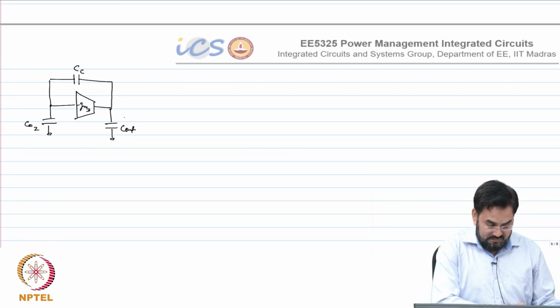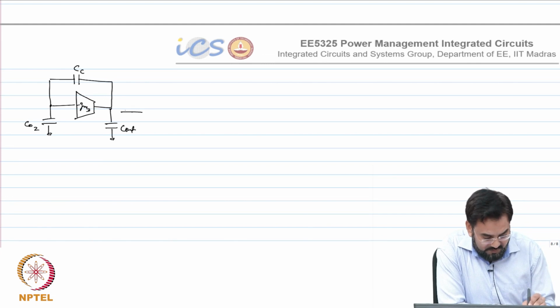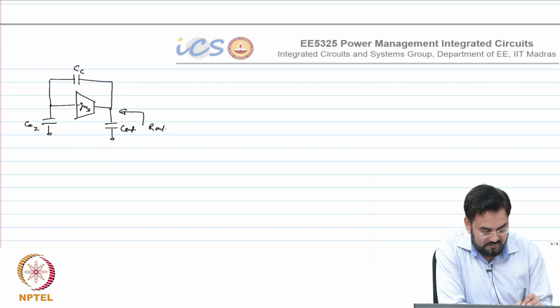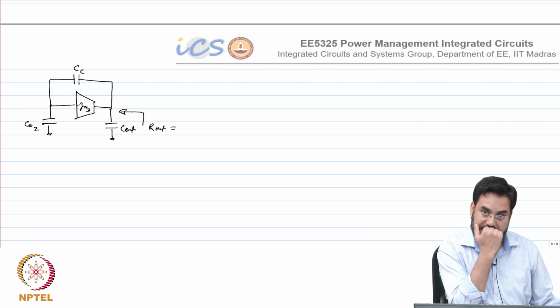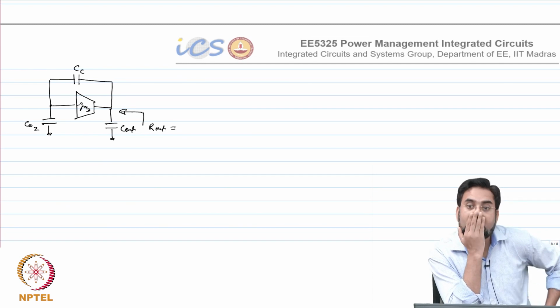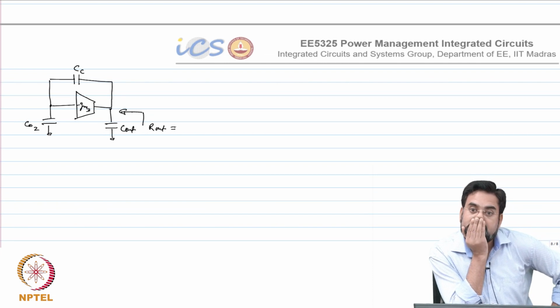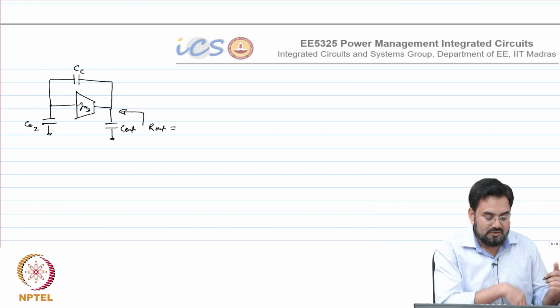Can you tell me the impedance looking into this node? C out plus Cc into 1 plus 1 by Gm.